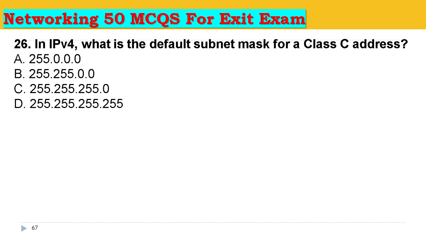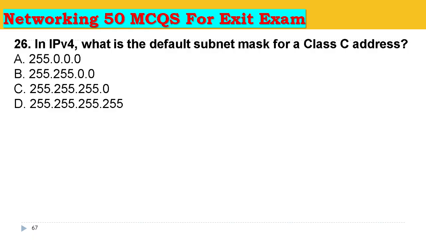In IP version 4, what is the default subnet mask for class C addresses? For a class C address in IP version 4, the first three octets are used for the network portion, and the remaining one octet, the last octet, is used for the host portion.